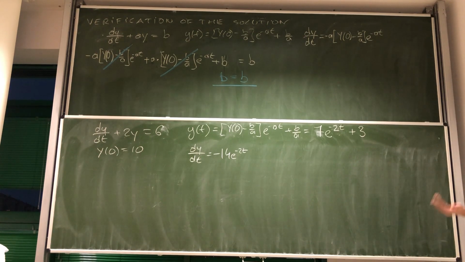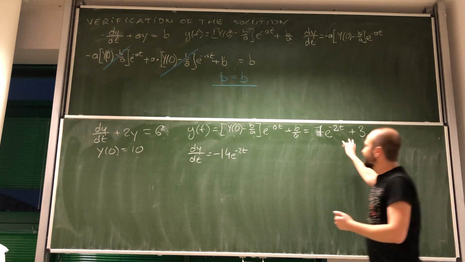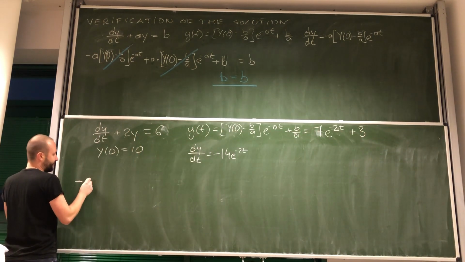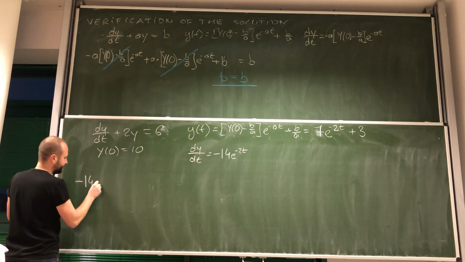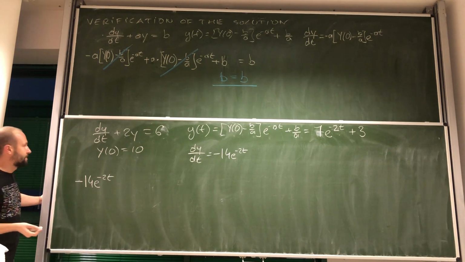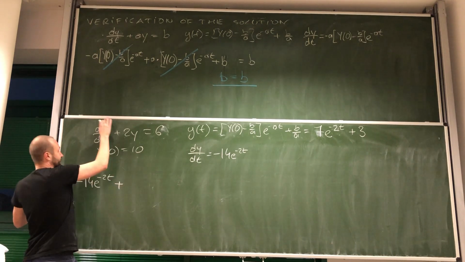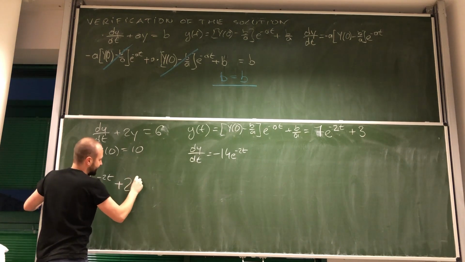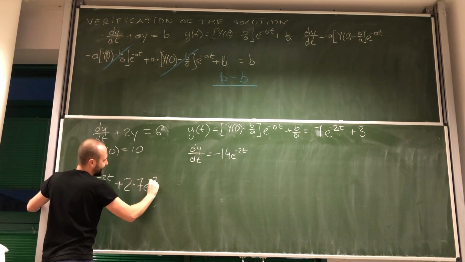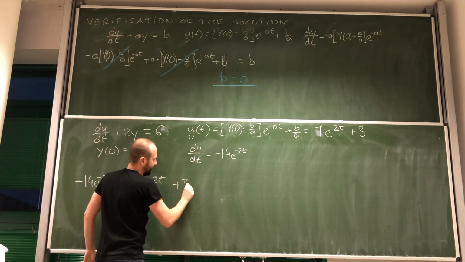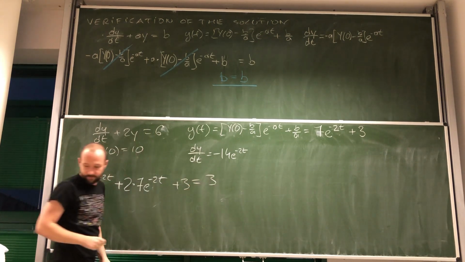Right? Okay. So now let's substitute what we've got. We've got negative 14e^(-2t) instead of the derivative, plus 2 times (7e^(-2t) + 3) equals 3.